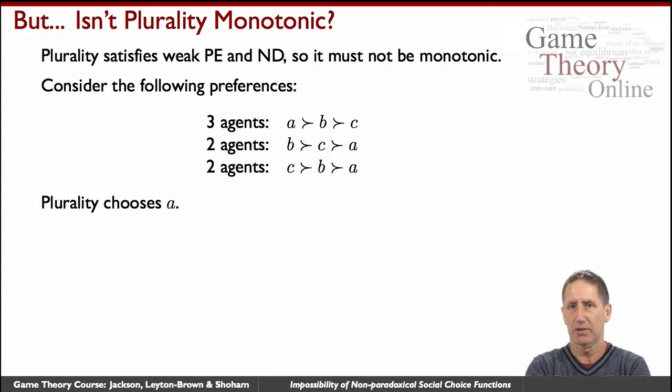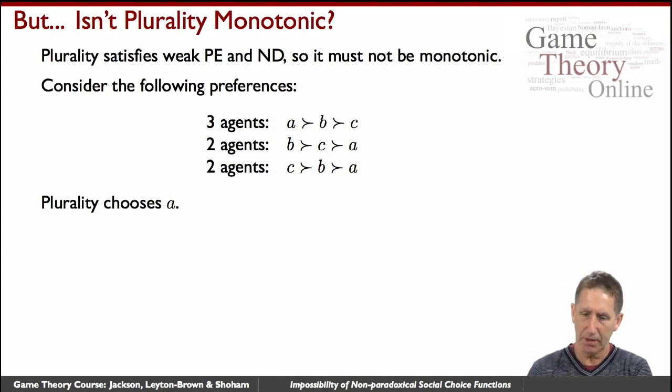And it's not dictatorial, obviously. So the theorem says it cannot be monotonic. Intuitively, you might think it is monotonic, but here's a counterexample. So here are these 7 agents and their 3 preference profiles.